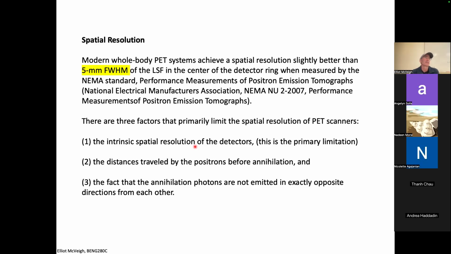That means if we took a little 1 millimeter diameter liquid ball, like a little vitamin tablet, and injected it with fluorodeoxyglucose F18 or some other agent and put it in the scanner, so now it's a small little signal, what will come out is a 3-dimensional Gaussian ball of signal with a full width at half max of about 5 millimeters.